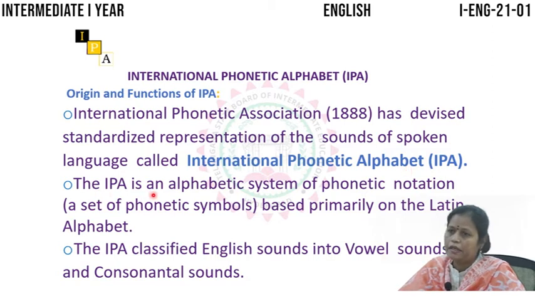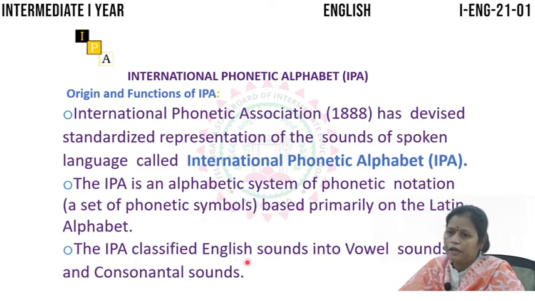The IPA is an alphabetic system of phonetic notation. Notation means nothing but a set of phonetic symbols based primarily on the Latin alphabet. So this IPA has given us an alphabetic system that is nothing but phonetic symbols, and these were taken from the basic language, Latin.